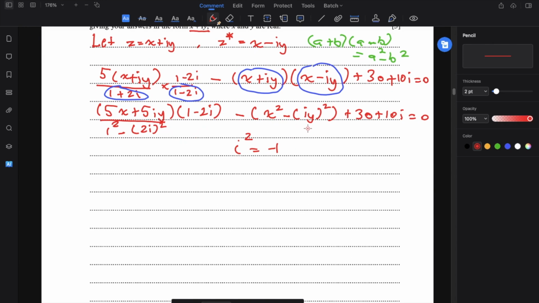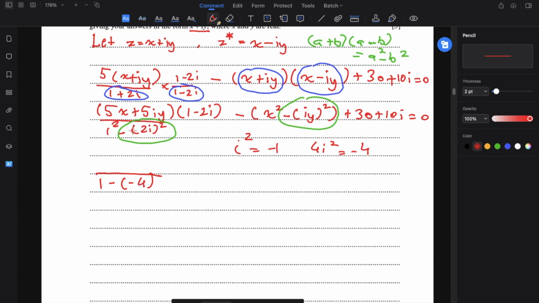So for this minus iy whole square and this minus 2i whole square, we will substitute the value of i square as minus 1, so we can make this a constant and take out the imaginary. So 1 square is 1, and 2i whole square is 4i square, which is equal to minus 4. Now we also have a minus sign in front, so this ultimately becomes 1 plus 4.